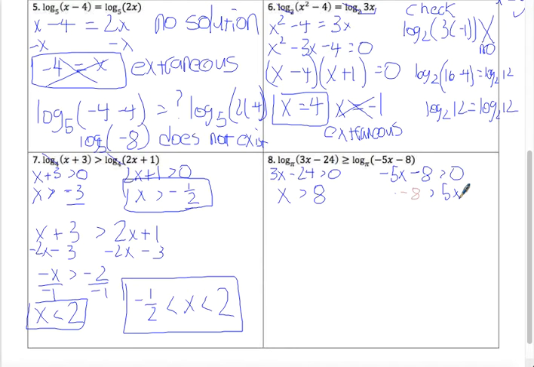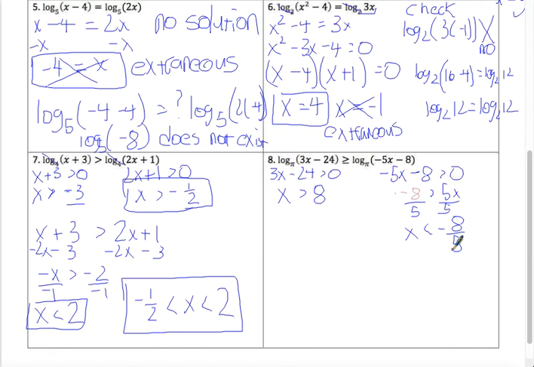And then divide by 5. We get x is less than -8/5.